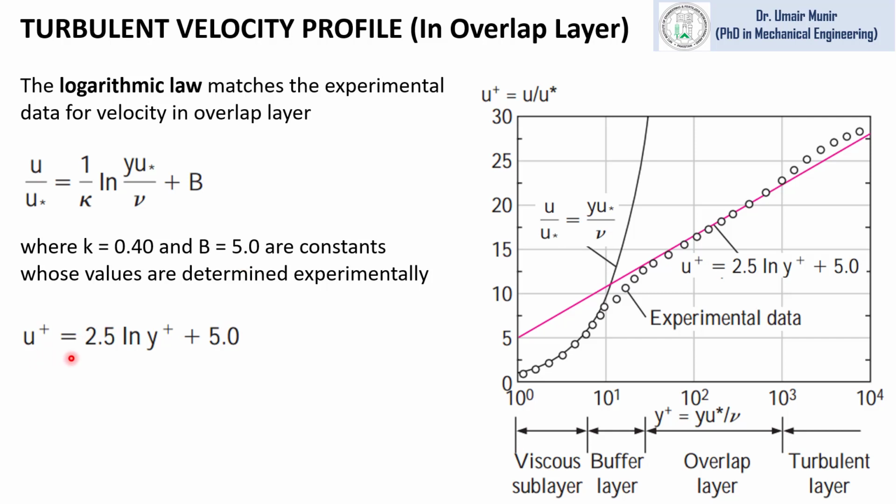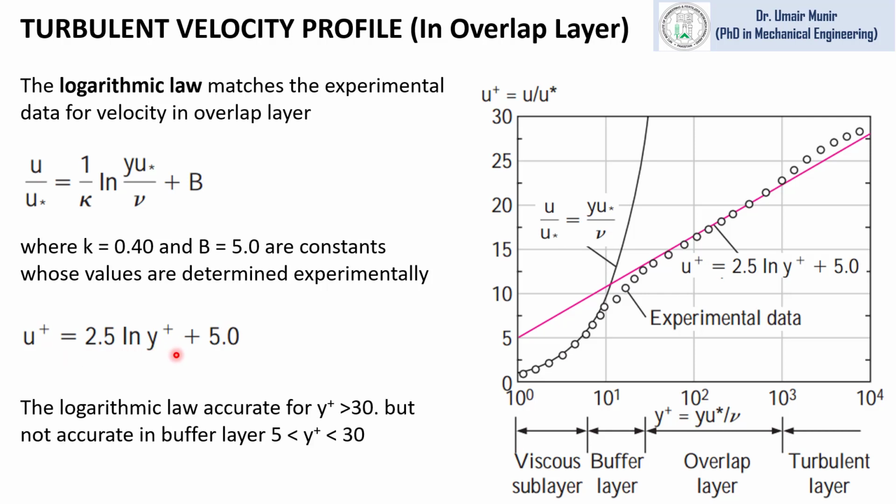So by putting in the values of these constants, we get the logarithmic law in this form. The logarithmic law is accurate for y plus values of greater than 30. This logarithmic law is not accurate in the buffer layer.